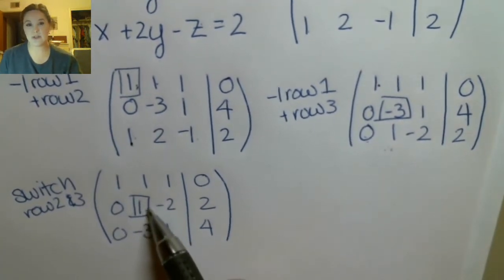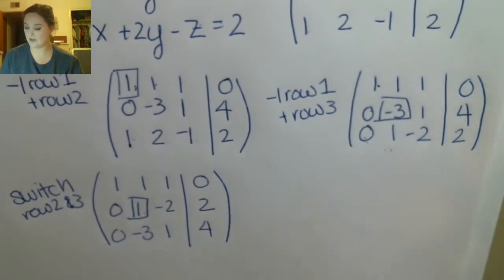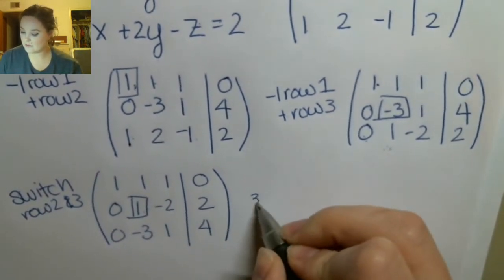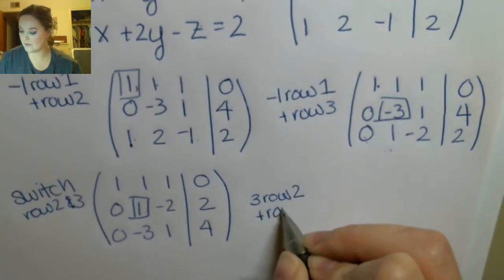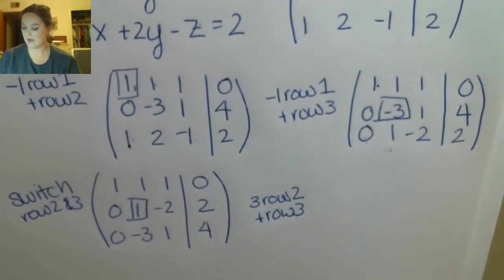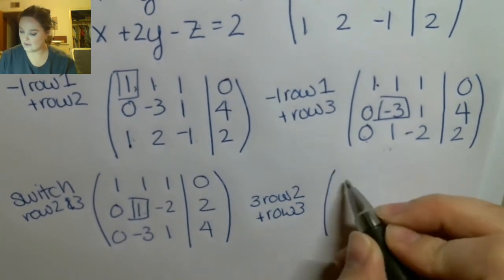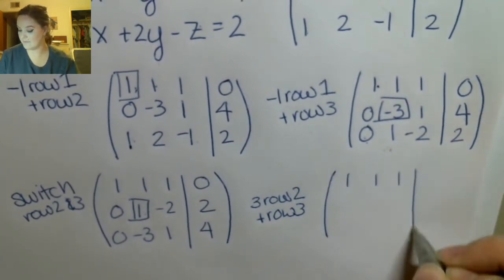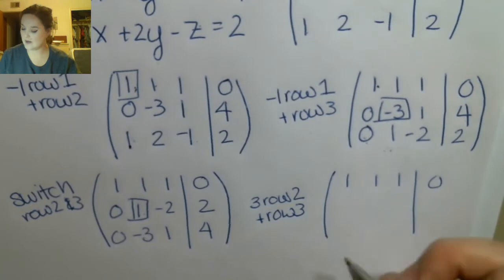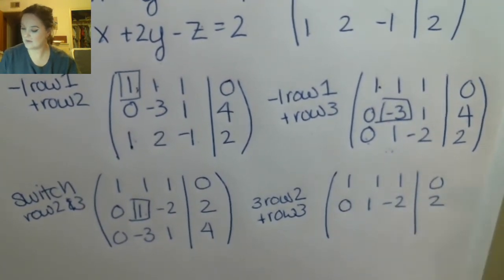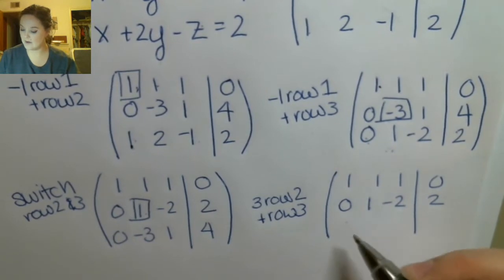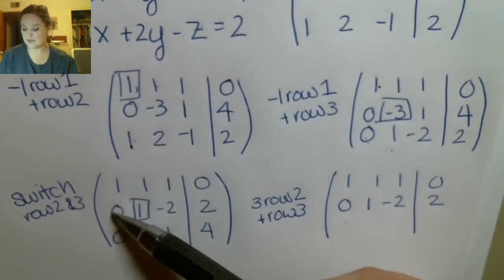We're going to use this position to eliminate below it. So I'm going to do 3 times row 2, and add that to row 3. I'm not changing my first row at all, and not changing my second row at all. For my last row, I'm going to do 3 times this row and add it.